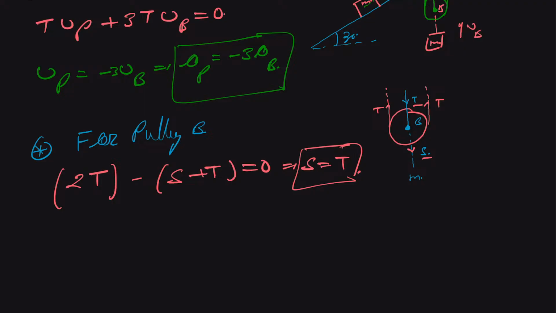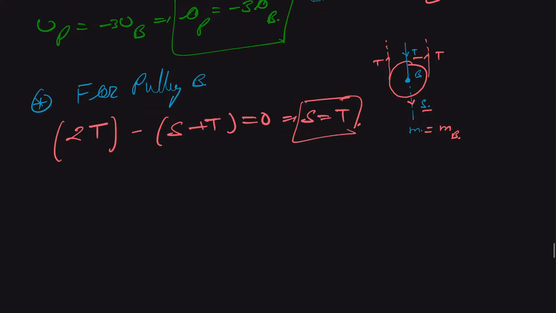Now we come to our hanging mass, and let us suppose we call this M of B. Later on we can substitute our values.